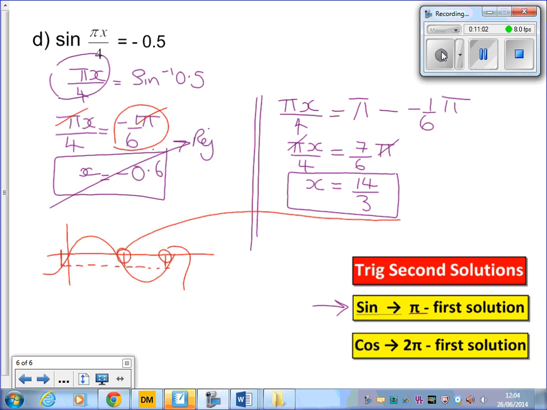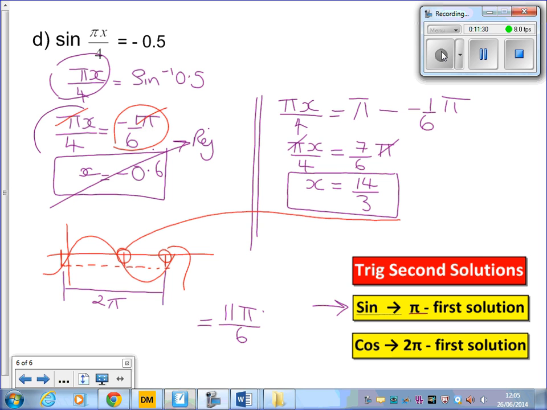We can see that between this point that the calculator gave us and this point here is going to be 2 pi. So I can take the answer that I got from the calculator and just move it on by 2 pi. If I do that, I get 11 pi over 6.